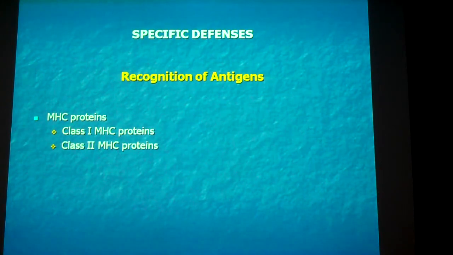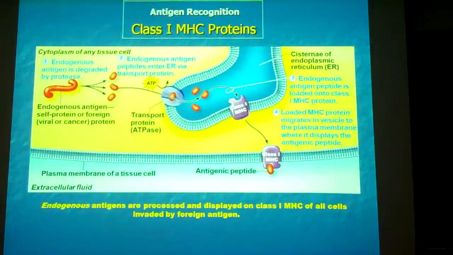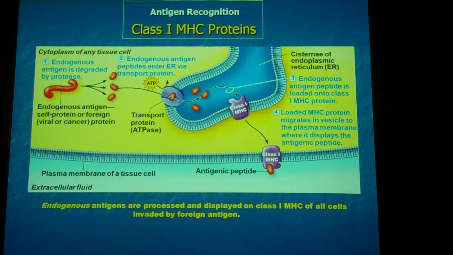Now, how do T cells recognize antigens? There are two classes of specialized proteins called MHC proteins, major histocompatibility complex: class 1 and class 2. Class 1 is a type of protein that presents fragments of the antigen on the membrane of infected cells.